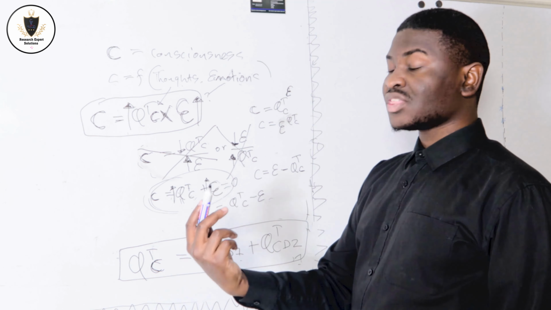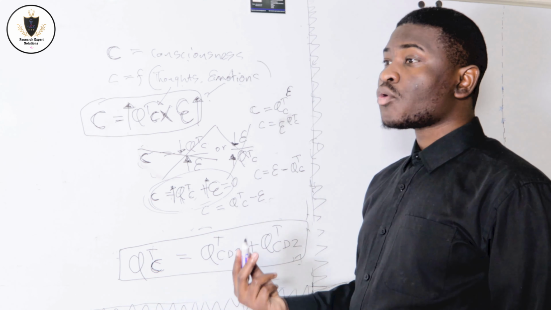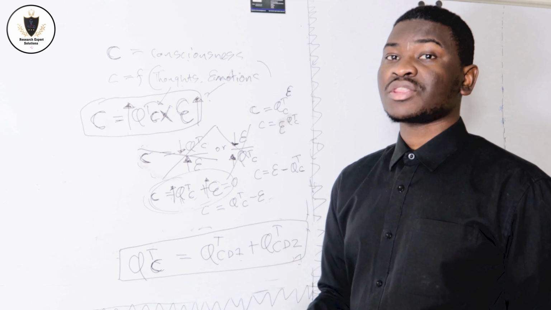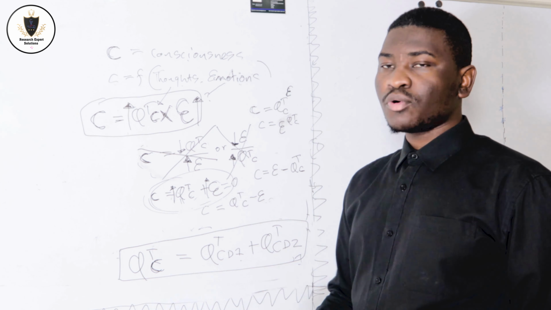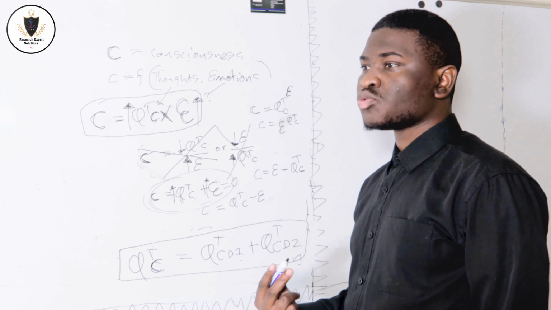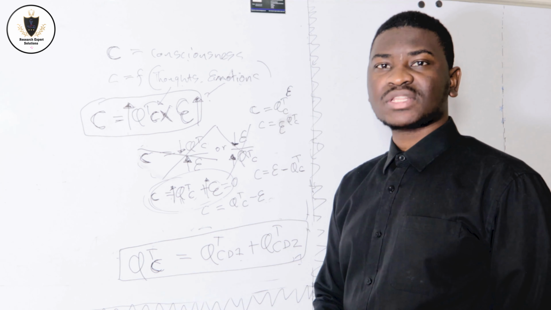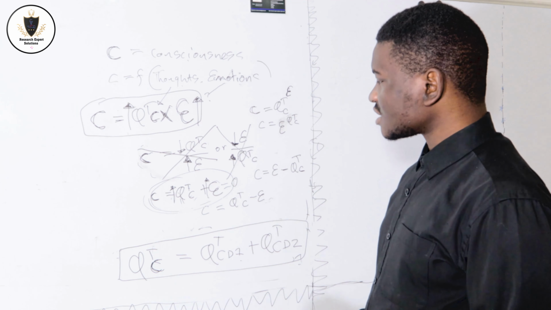So if what you are thinking about is not associated with any emotions, how could you be conscious of it? How is it possible to be aware of what you are thinking about, given that you are not aware of how you are feeling about that particular thing? So that is not possible.